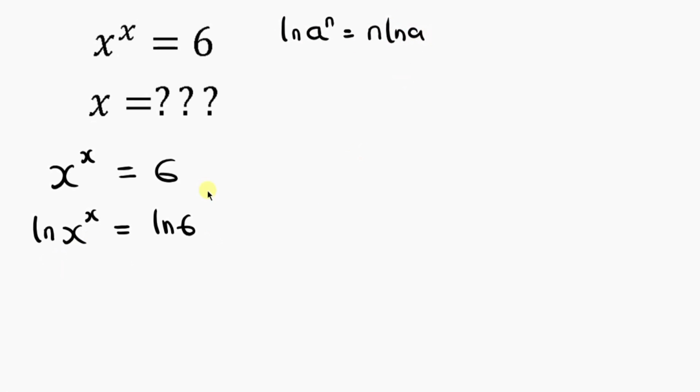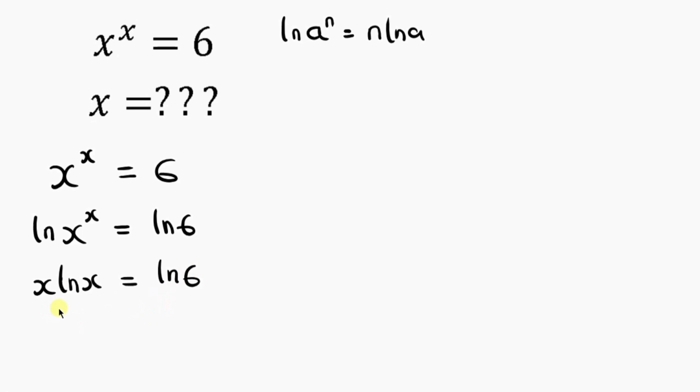Very good. So let's apply this same principle here. I'm going to be using this power, which is x, to multiply the log of the number, so natural log of x. Are you seeing that? Cool. So this is equal to what I have on the right-hand side, which is natural log of 6.